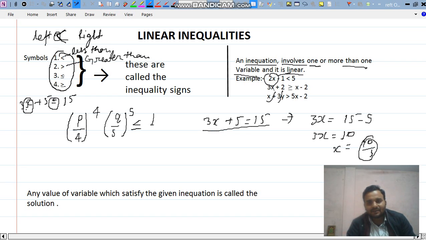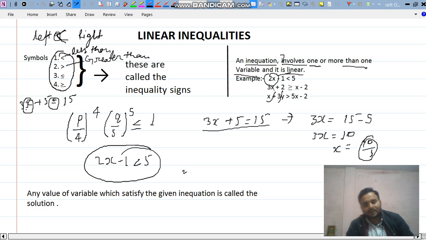For example, 2x minus 1 less than 5. This is a linear inequation. We have to solve this, then you will get some value of x.